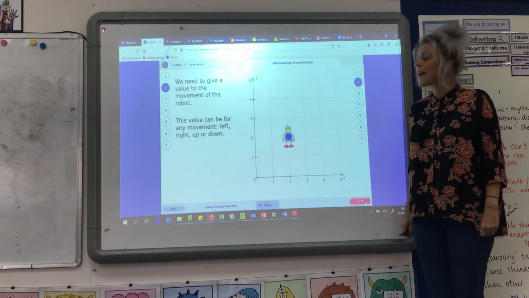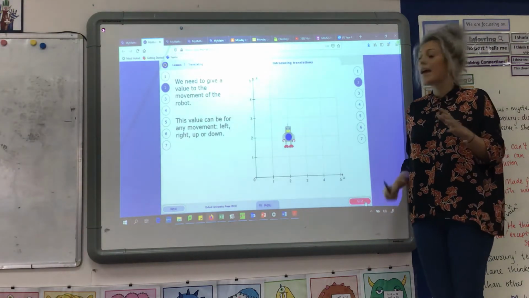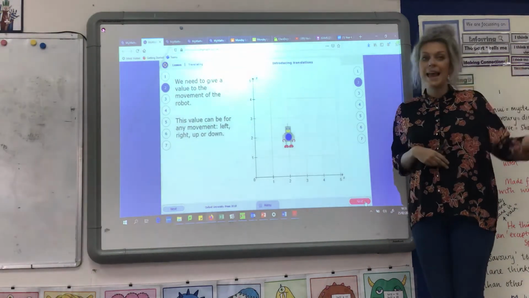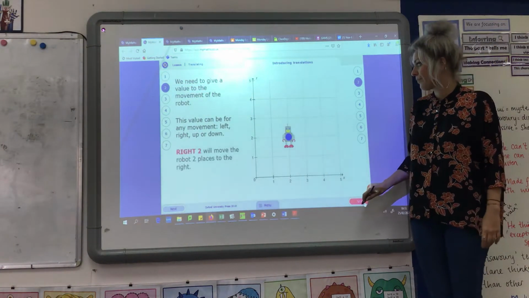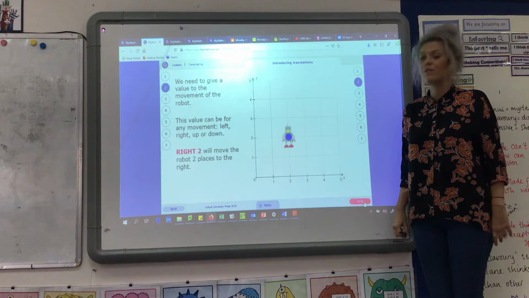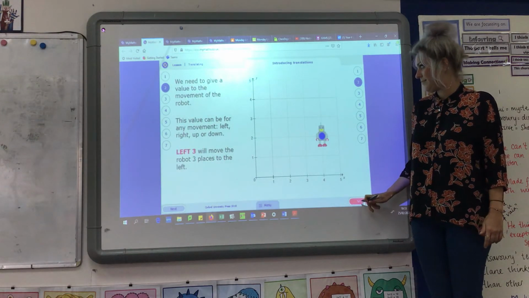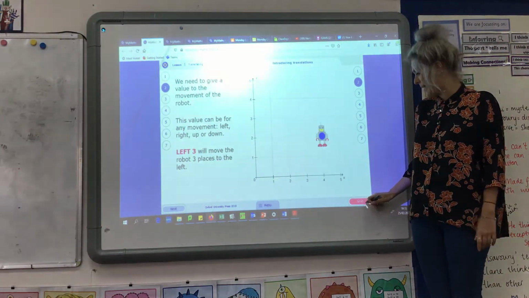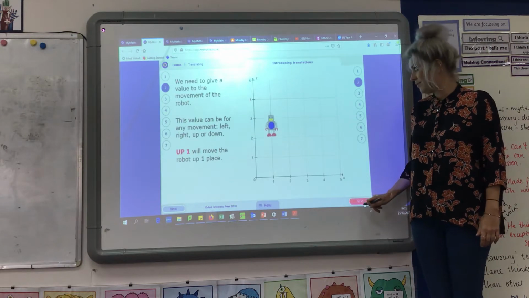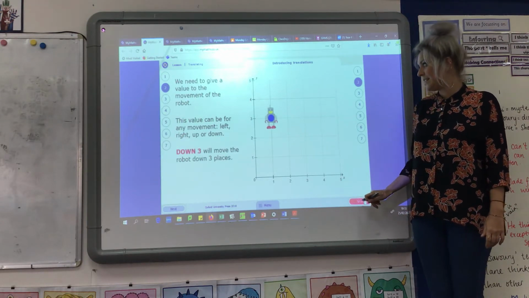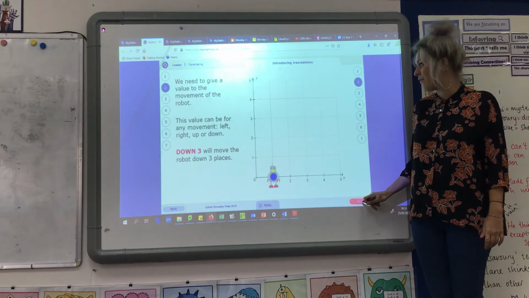The number of spaces to move can be for any movement: left, right, up or down. Right 2 will move the robot 2 places to the right. Left 3 will move the robot 3 places to the left. Up 1. Down 3. So you can see the robot moving.